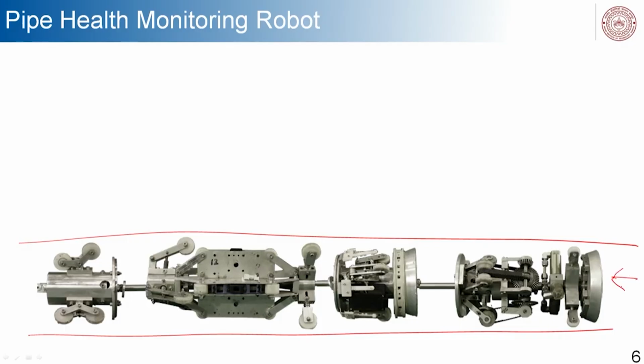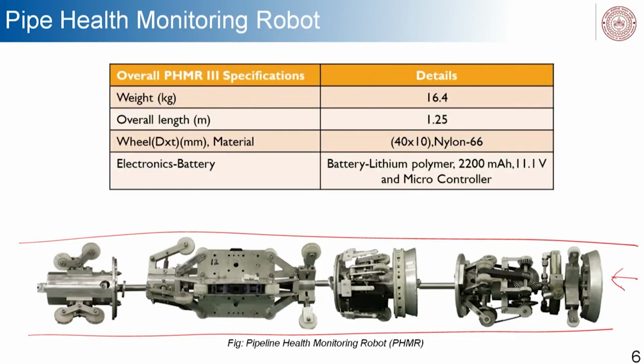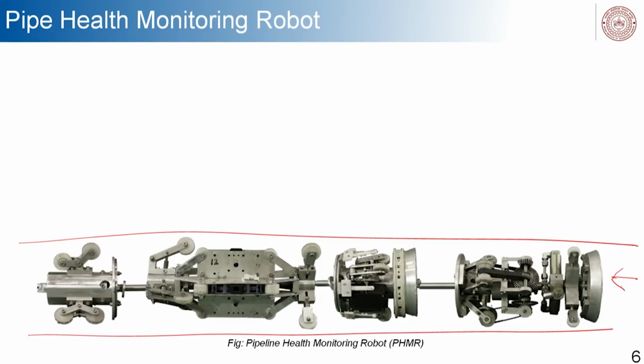So many complex elements are in it, and one by one, if I click, you will be able to actually see this pipe health monitoring robot with a weight of 16.4 kg, 1.25 meter of length, the wheels of nylon 66, the electronics battery for minimum sensors, and that is a lithium polymer ion battery of 2200 mAh power, and also microcontrollers.